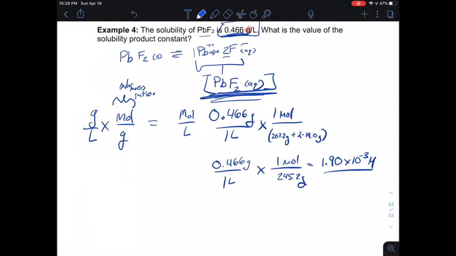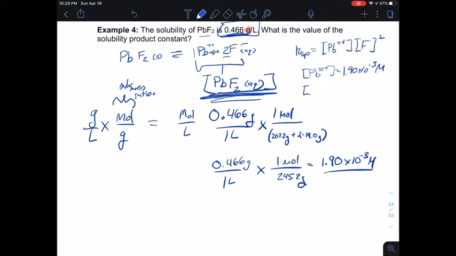So we also need a Ksp expression, which is equal to the concentration of lead times the concentration of fluorine squared. I know what the concentration of lead is at solubility: 1.90 times 10 to the negative 3 molar.